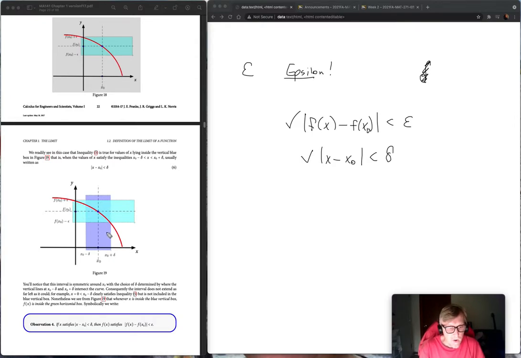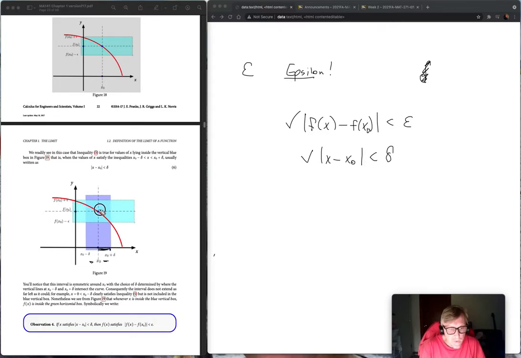Okay. All right. So this observation, if x satisfies this inequality, if x is very, very close to x0 within an absolute value of delta, right? So this distance right here, from here to there, is delta, right?